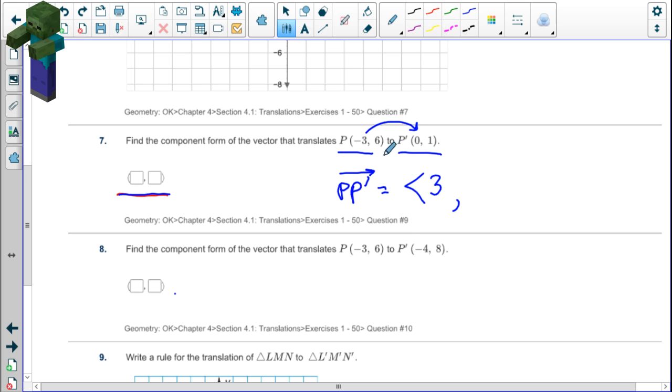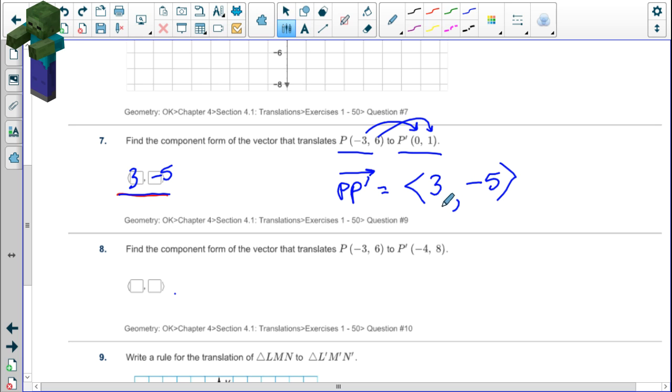All right, so as we look at 6 and 1, what do we do to the 6 to change it to a 1 right there? Well, we would be subtracting 5. So my component form then would be 3, -5.